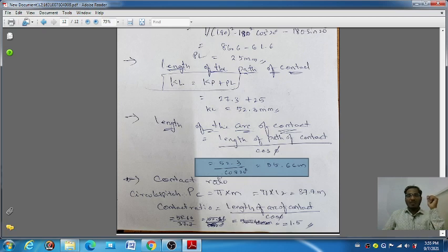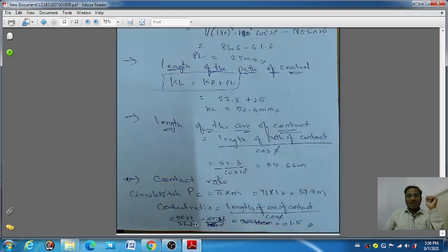Just substitute the value of the module and calculate in the calculator, then you will get the value 37.7 mm. Then the contact ratio formula is the length of the arc of contact divided by the circular pitch. Just substitute the values and you will get the answer 1.5. That is your contact ratio.